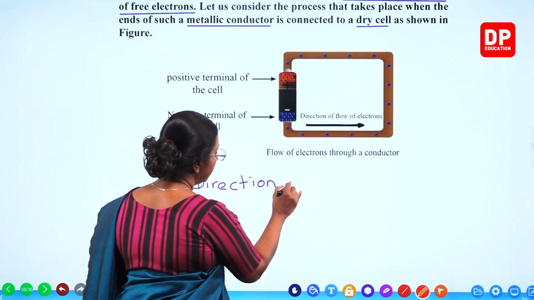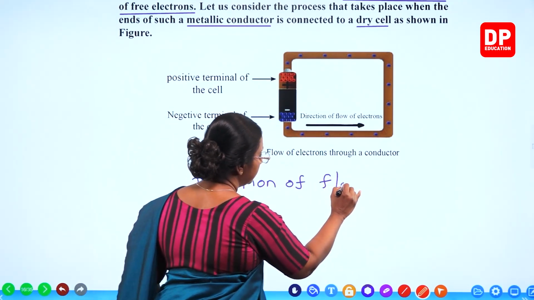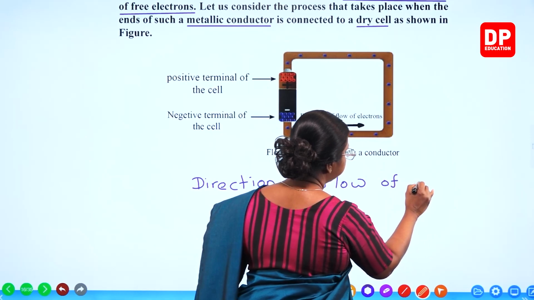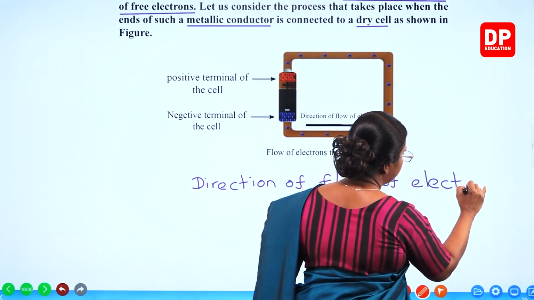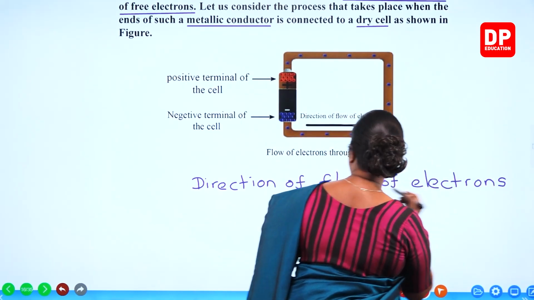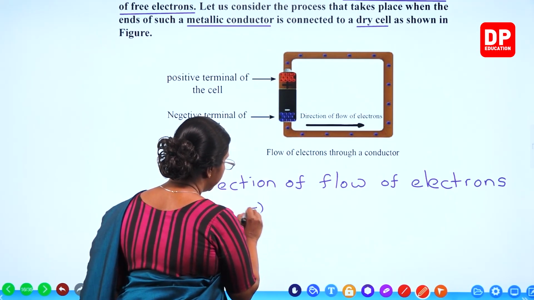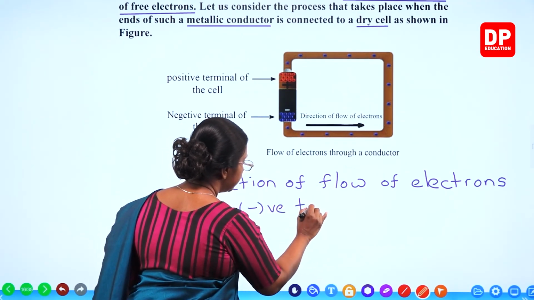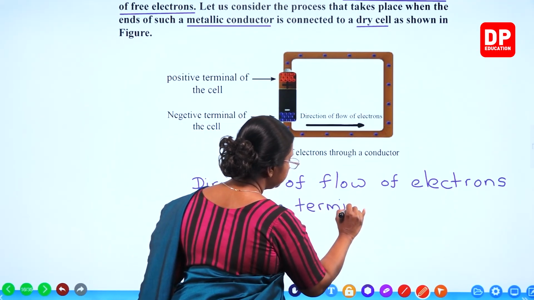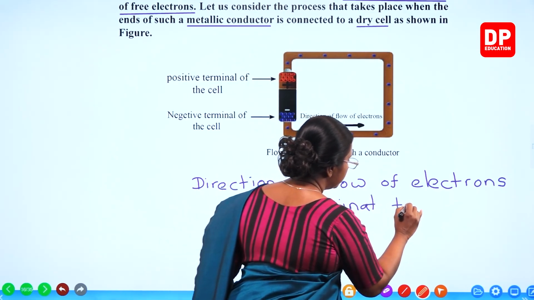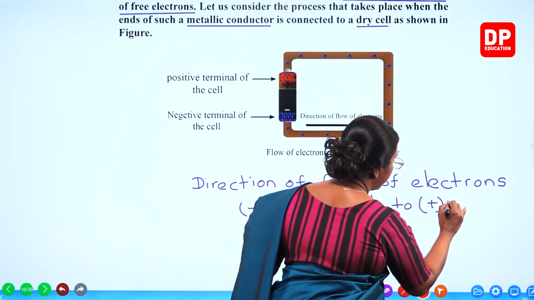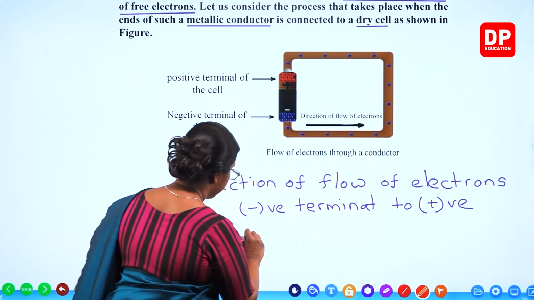Direction of flow of electrons is from negative terminal to positive terminal.